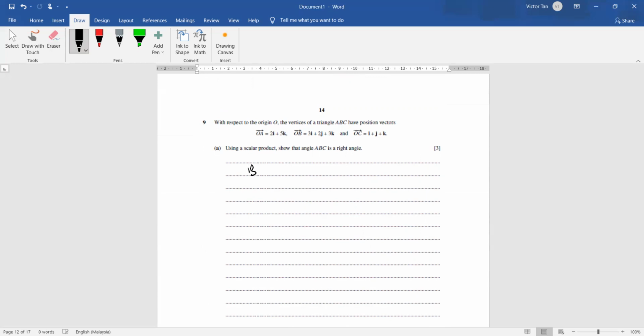So vector BA equals BO plus OA. We'll put it in column form: (2, 0, 5) minus (3, 2, 3)... this gives (-1, -2, 2).